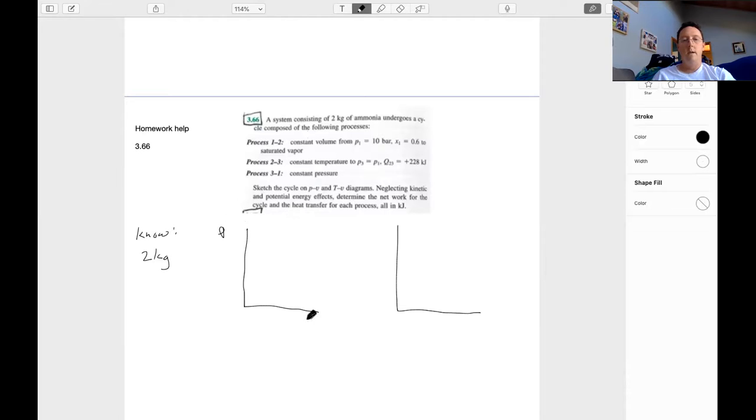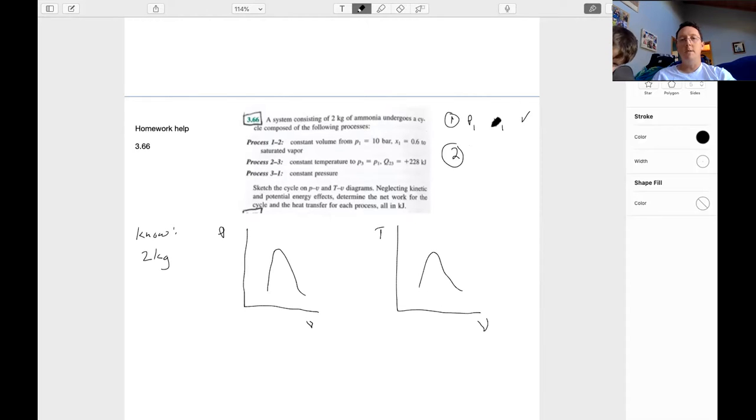Okay, and P-V, and T-V, saturation curve, something like that. All right, 2 kilograms. So from 1 to 2, I have constant volume, 10 bar, and a quality. So at state 1, I know pressure 1 and quality 1 are known. At state 2, I know that the volume is constant.